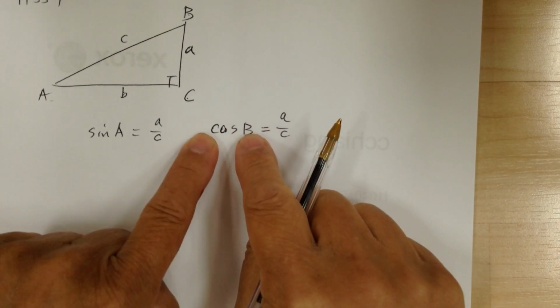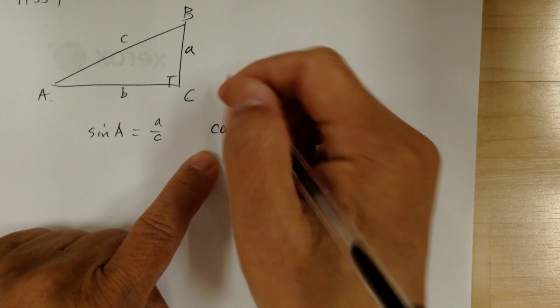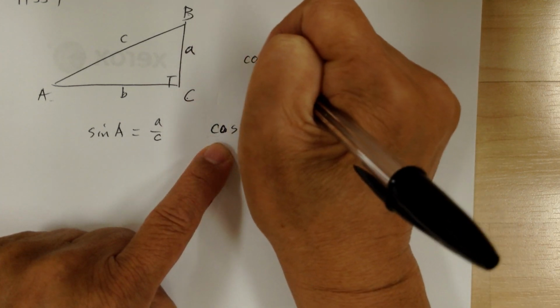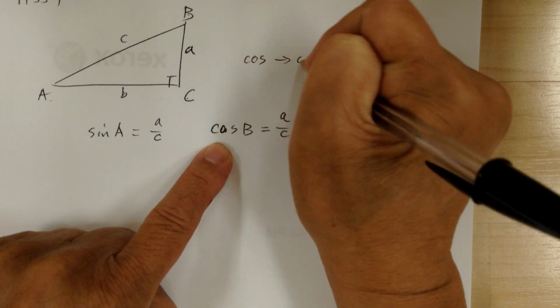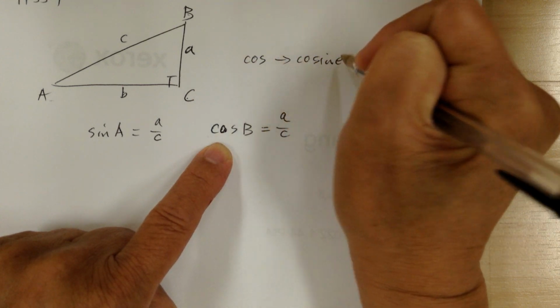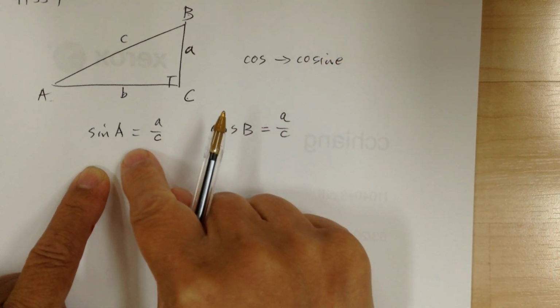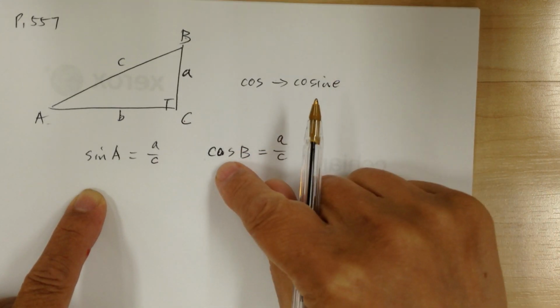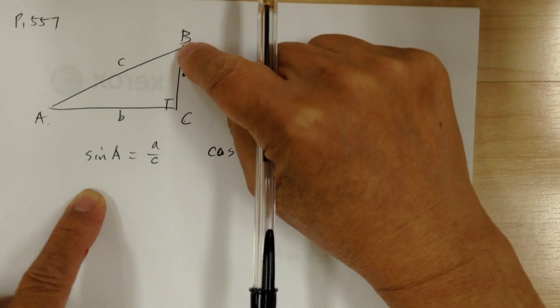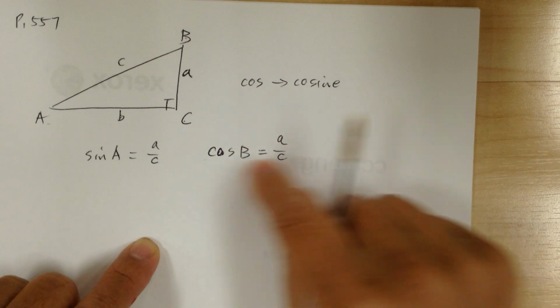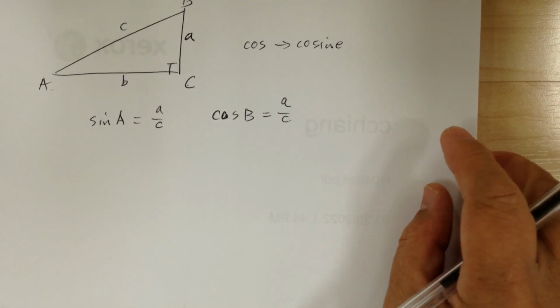Well, that's what this is. Co means complementary angle, or cofunction of sine, right? Remember, COS means cosine, right? That means it's a cofunction of sine, means you're using the complementary angle, okay? So again, cosine of B means using the complementary, so you use this angle, complementary of that, so you get the same answer, okay?